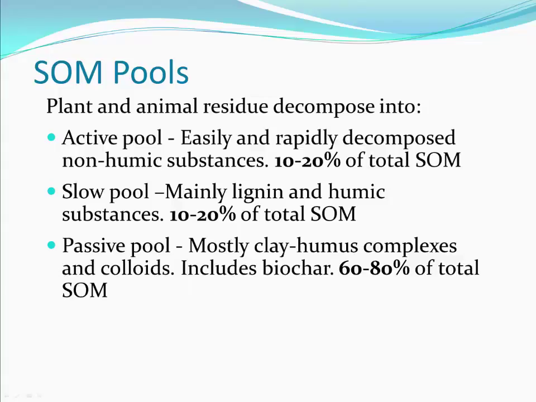Well, that leads us to the discussion of pools, and that just means fraction. And we have three fractions, and that's the active pool, the slow pool, and the passive pool. So this is once we get into the humus fraction. Then how long does it last? Well, that active is the material that's broken down really rapidly, 10 to 20% of the total organic matter.